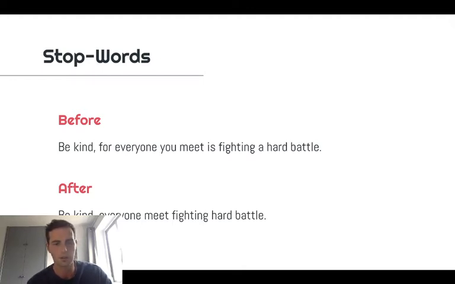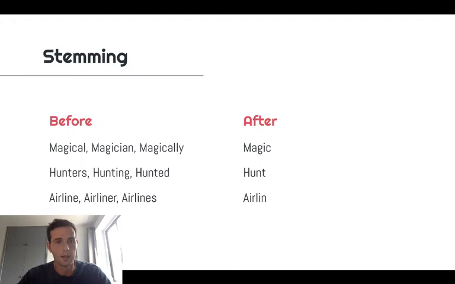I can shorten that down to "be kind, everyone meeting, fighting hard battle." And I've maintained probably 99% of the meaning and the content of that sentence, but I've stripped out 30% of the words. That can be really important in terms of training a classifier, trying to reduce the number of parameters and input features you need to have.